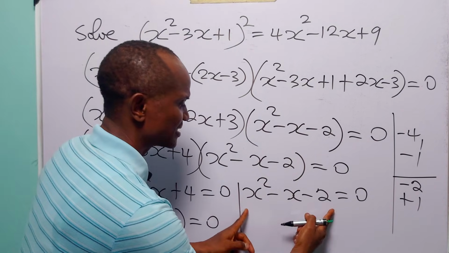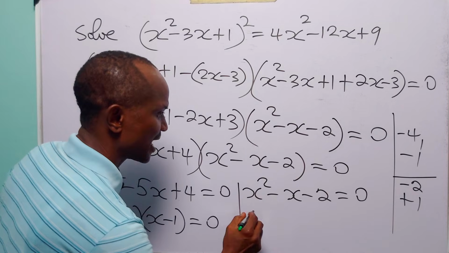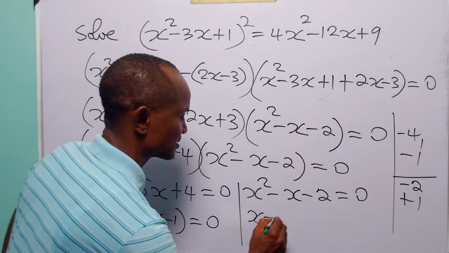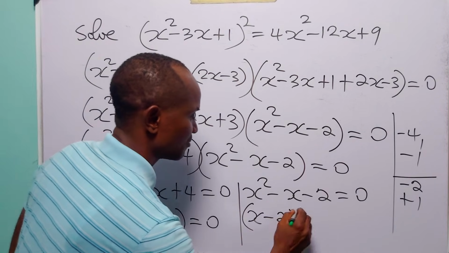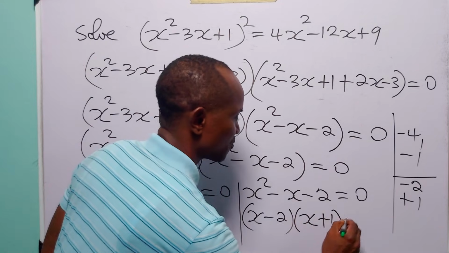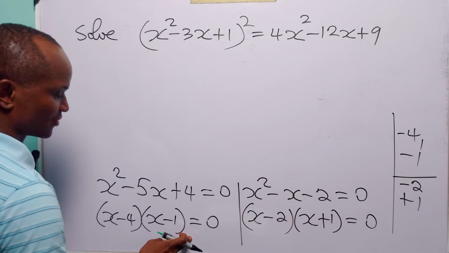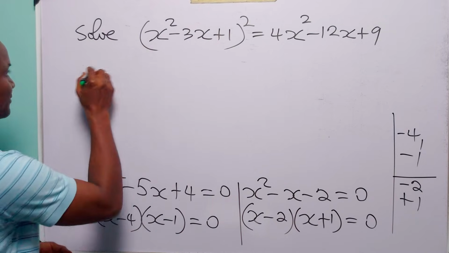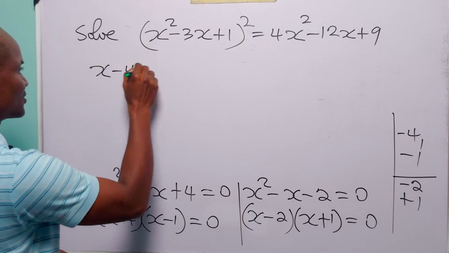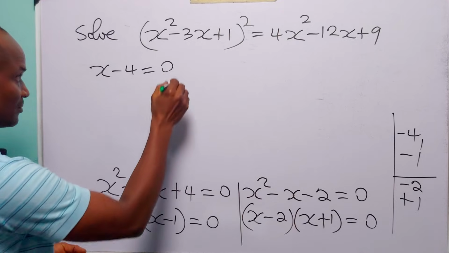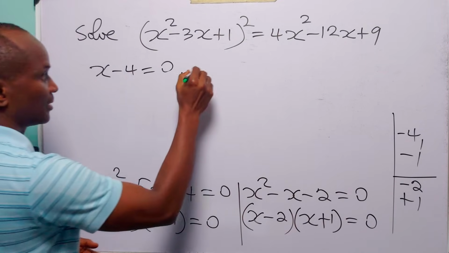So we can factorize the left-hand side of this equation as x minus 2 multiplied by x plus 1 is equal to 0.